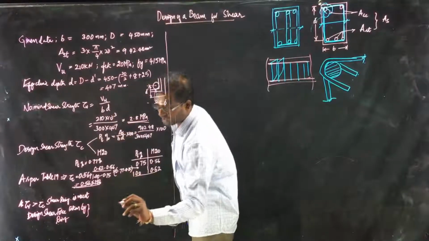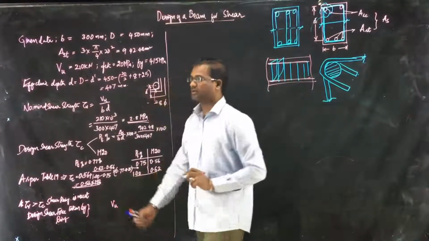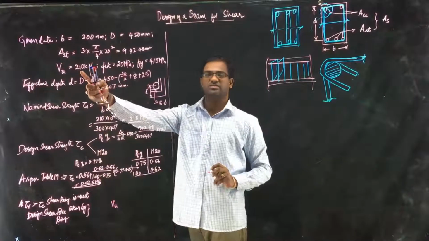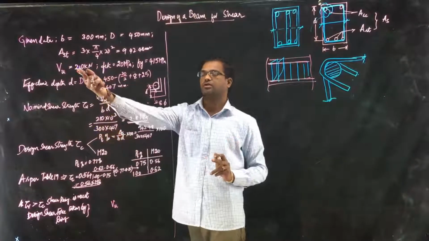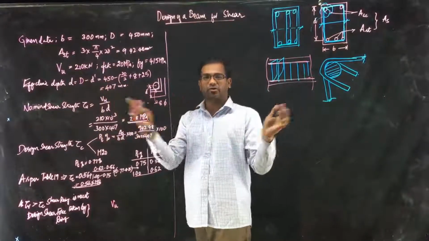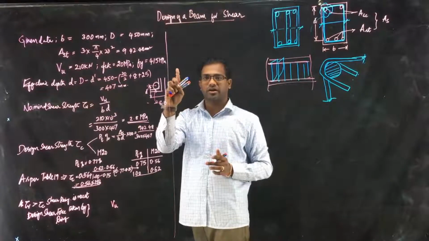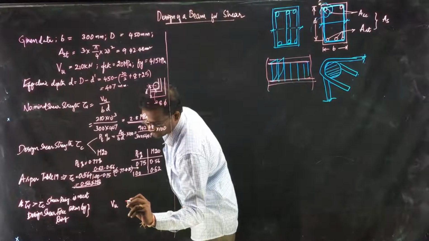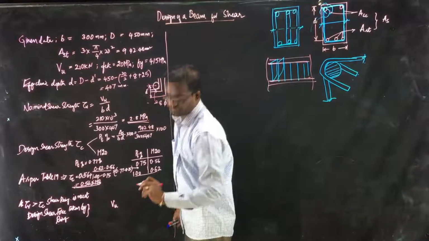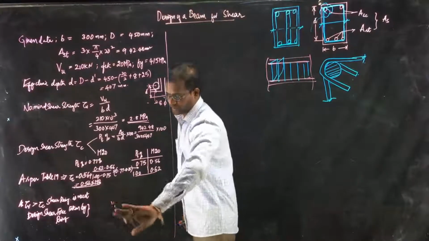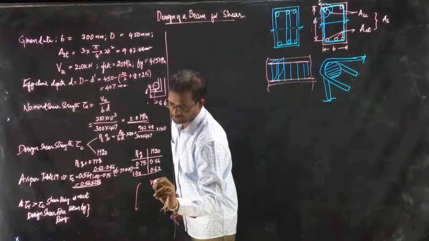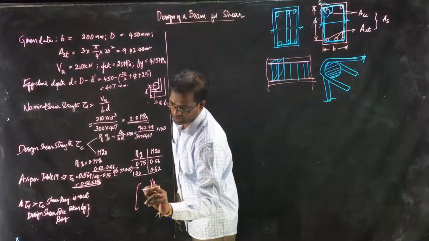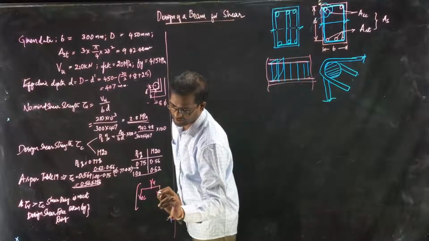Now you have a total shear force which is coming. Now this shear force 210, it is taken by two materials, concrete and steel. So VU is totally taken by concrete and steel.